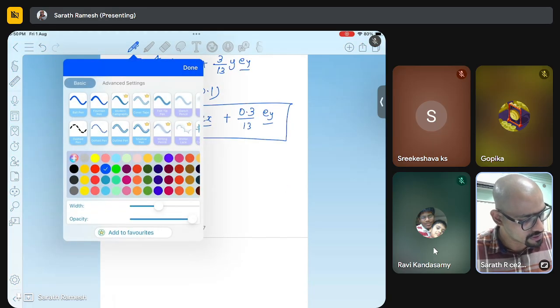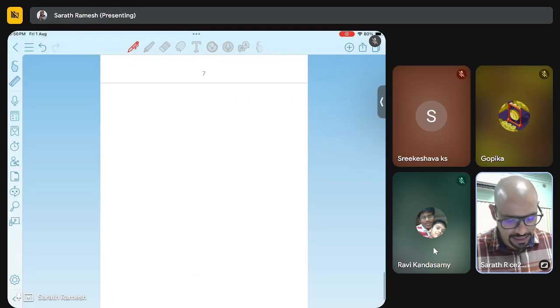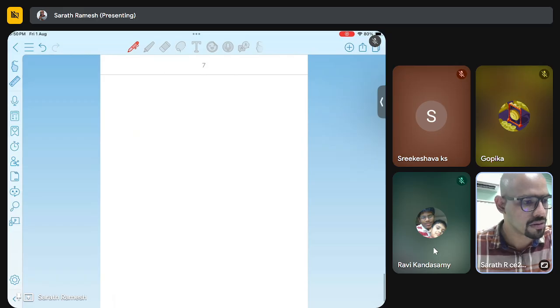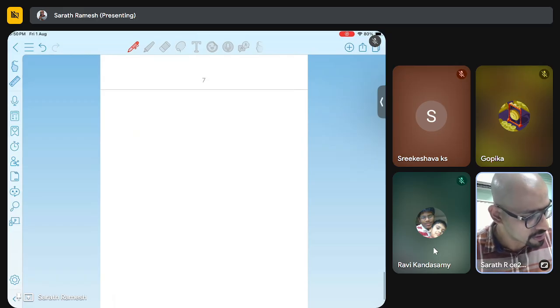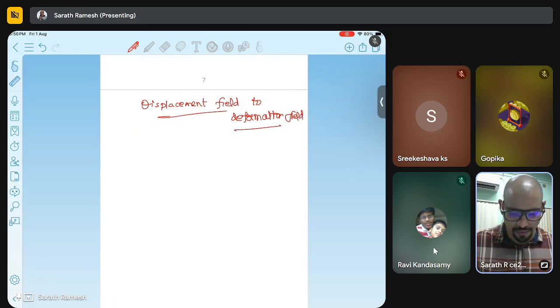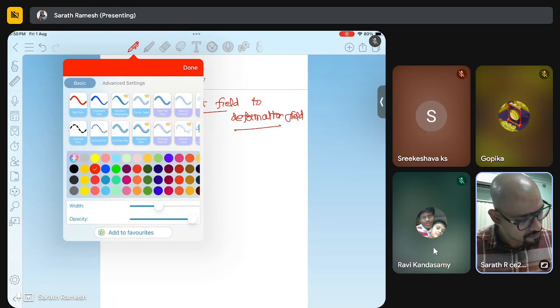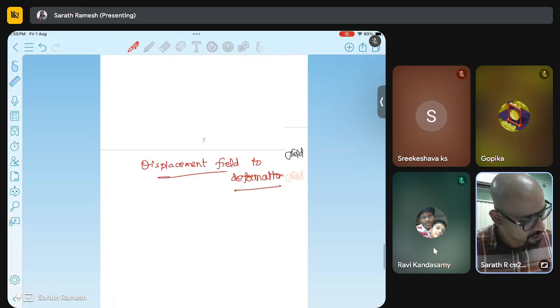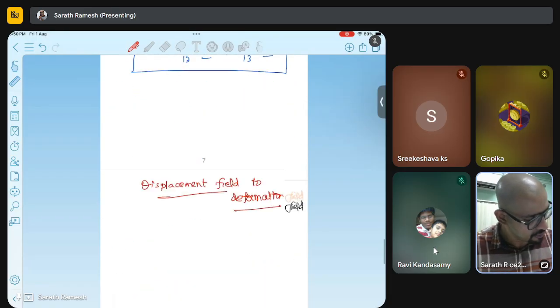So let's move on to the second category, from displacement field to deformation field. Okay, let's take a problem right away, an easy one. This is problem number 4.